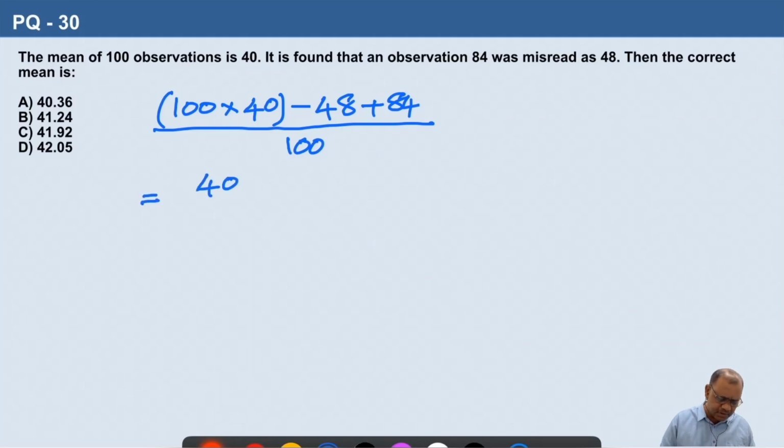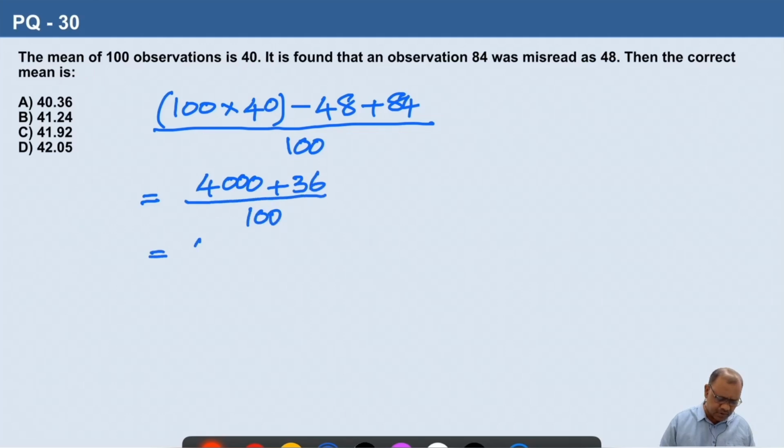This is 4000, 40 into 100, plus 84 minus 48, which is 36, so 4036 divided by 100.